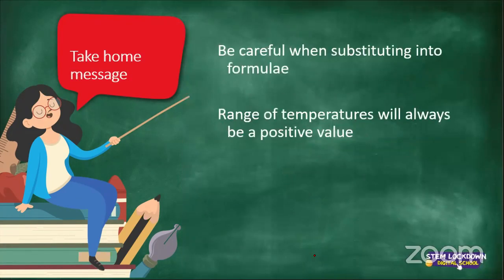Be careful when substituting into the formula. Make sure that you're using the correct formula. By the way, sometimes they give you both formulas. Range, as I've said, of temperature will always be a positive value.